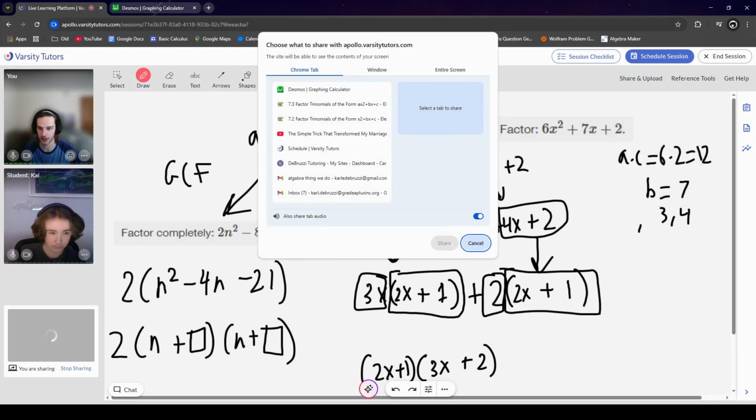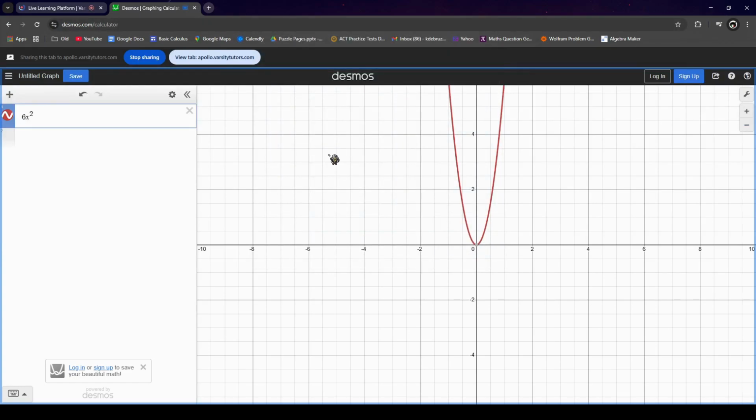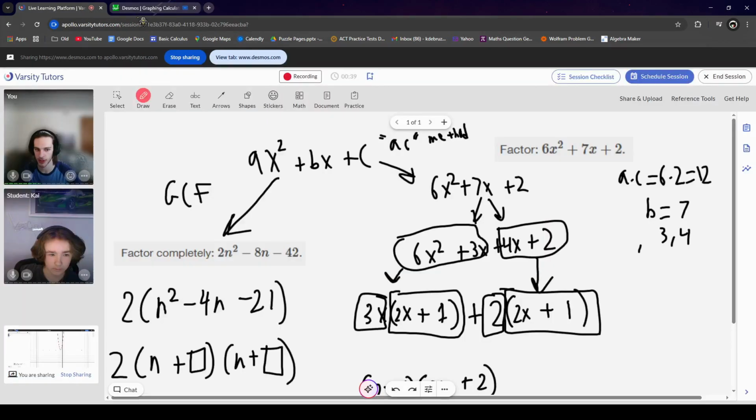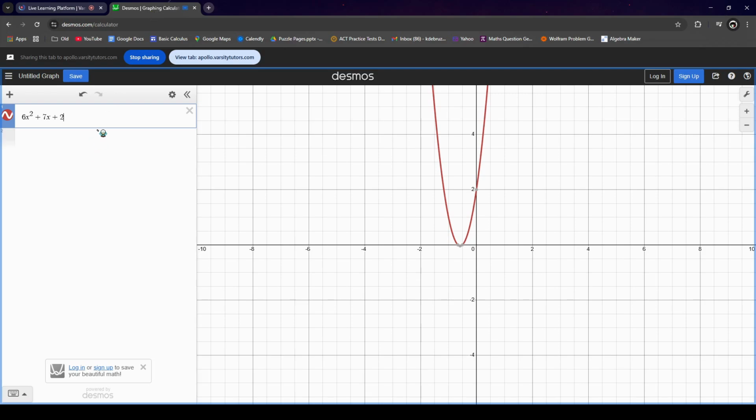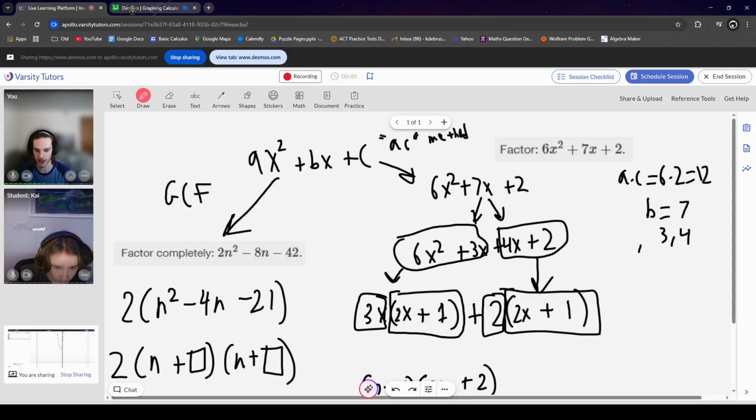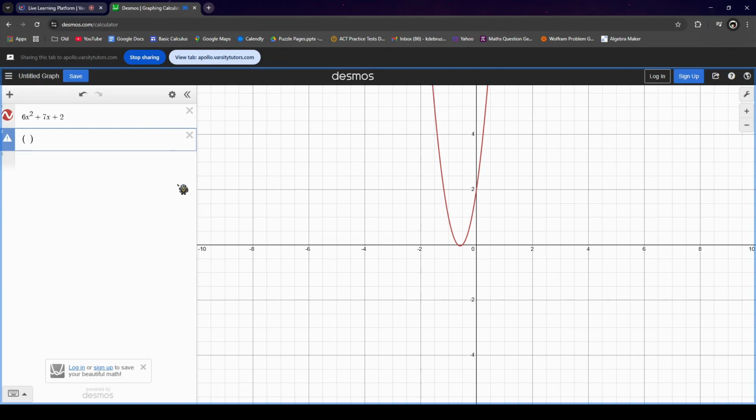I have a graphing calculator here. This will kind of show you what's happening. So we had 6x squared plus 7x plus 2, I believe. Yep. And then we said that its factored form was 2x plus 1 times, in parentheses, 3x plus 2.